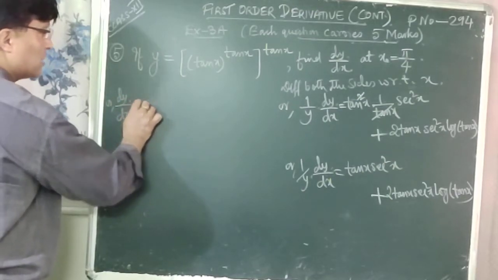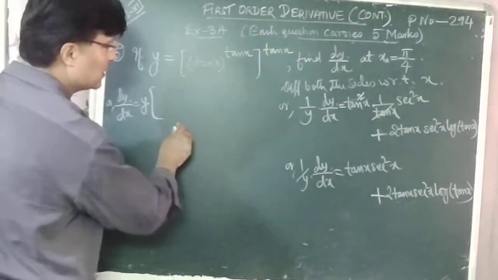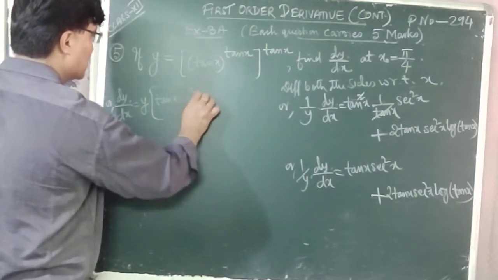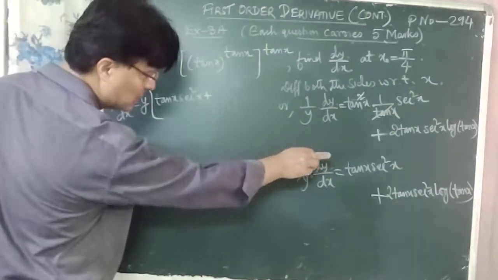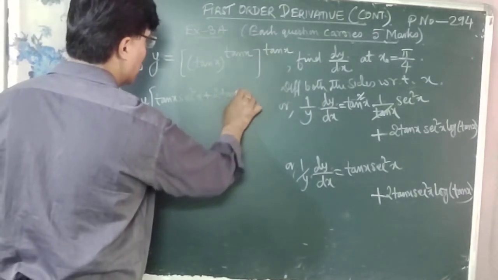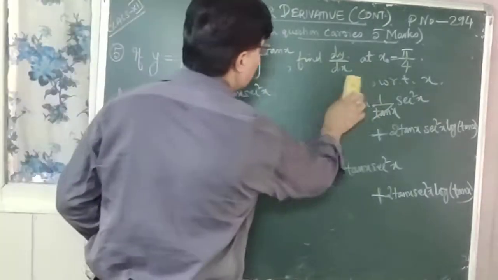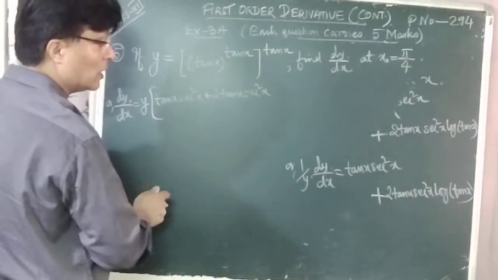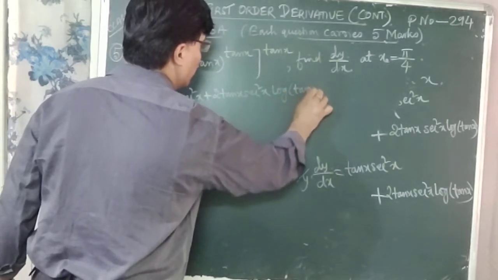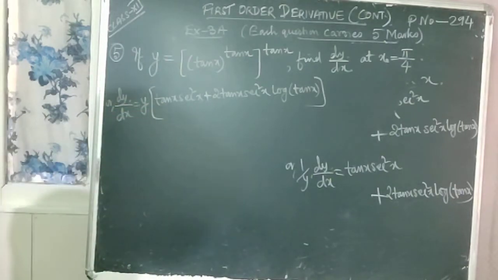So dy by dx is equal to y, and within third bracket, what do we get? Tan x sec square x plus what? 2 tan x sec square x into log of tan x. So we got this expression.